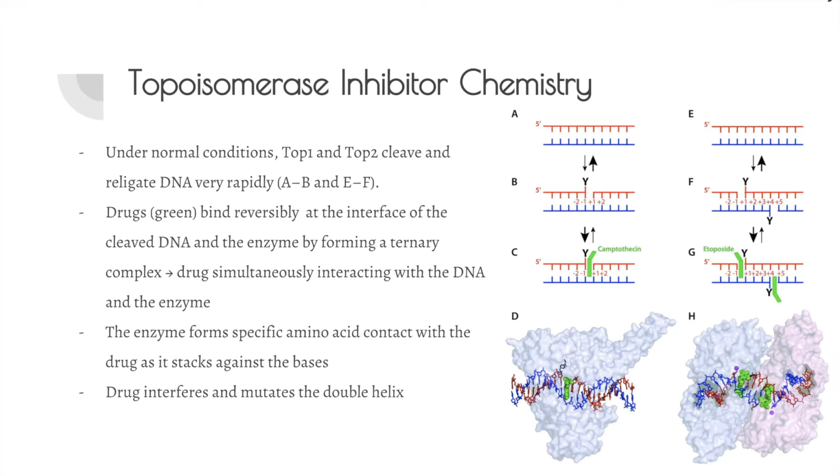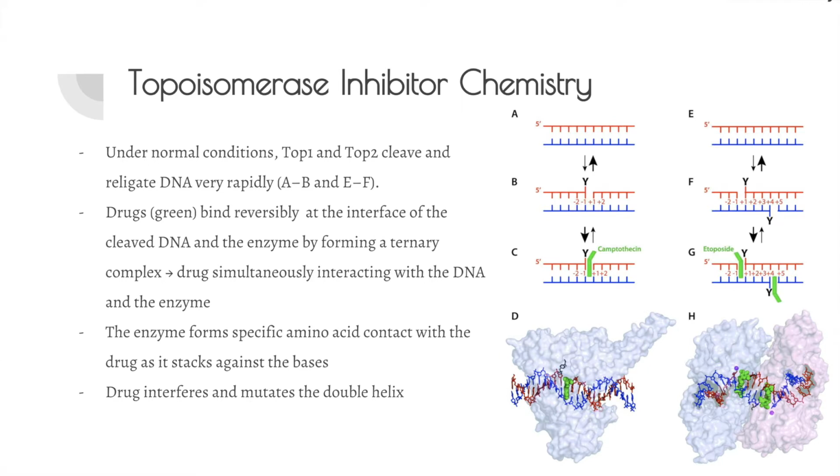Looking more in depth, under normal conditions, topoisomerase 1 and 2 both cleave and religate DNA very rapidly, as you can see in the image from A to B and from E to F. Topoisomerase inhibitors in the chemotherapy, as seen as green in the animation, bind reversibly to the interface of the cleaved DNA and the enzyme by forming a ternary complex.